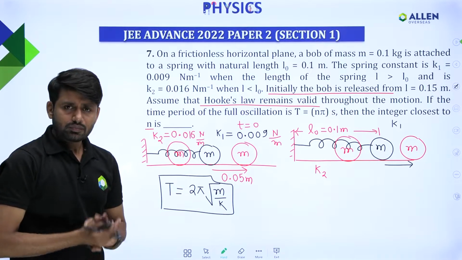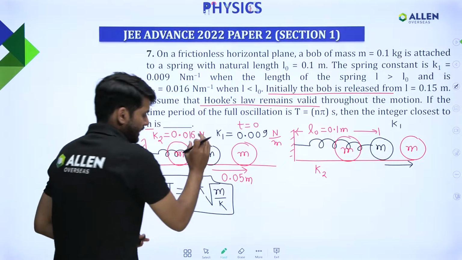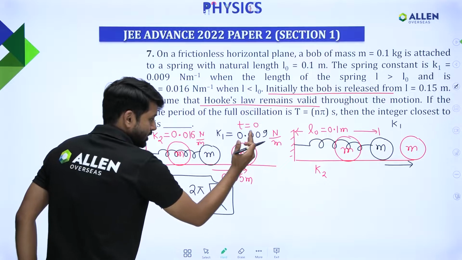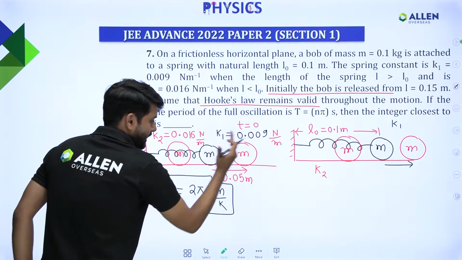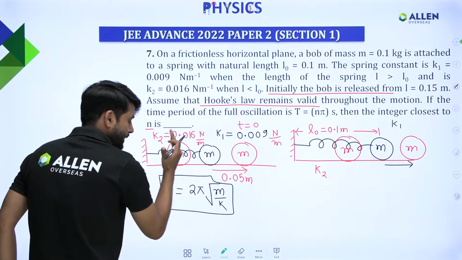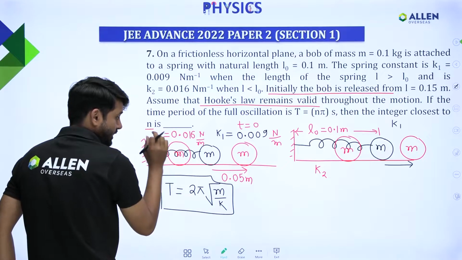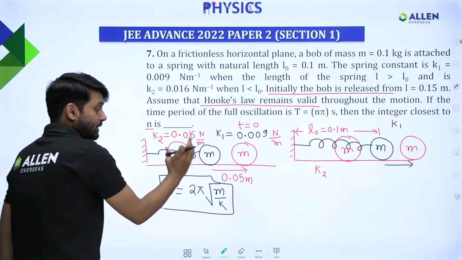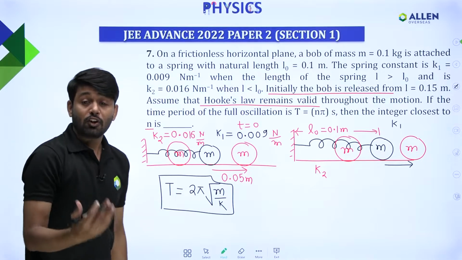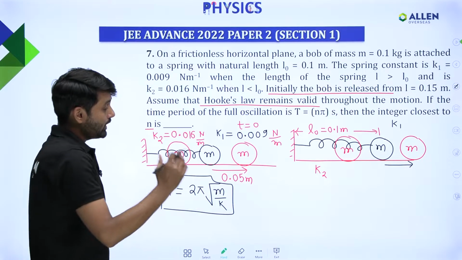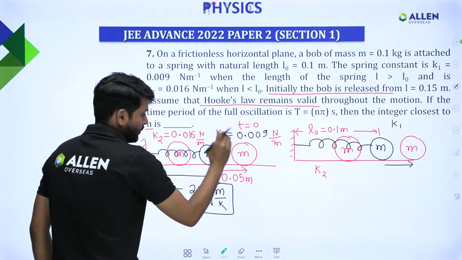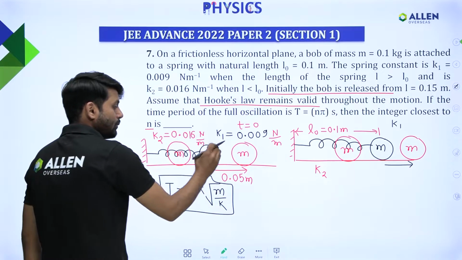Is that clear? Why? Because we are releasing this bob, and it moves towards its mean position, then towards its extreme position with K2, and returns. So this oscillation is half of a total oscillation, because in a complete oscillation the bob moves mean to extreme, extreme to mean, mean to extreme, and extreme to mean.